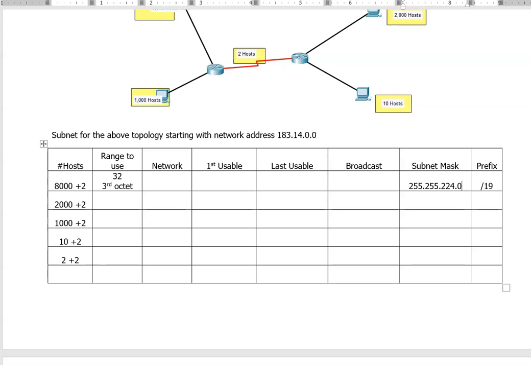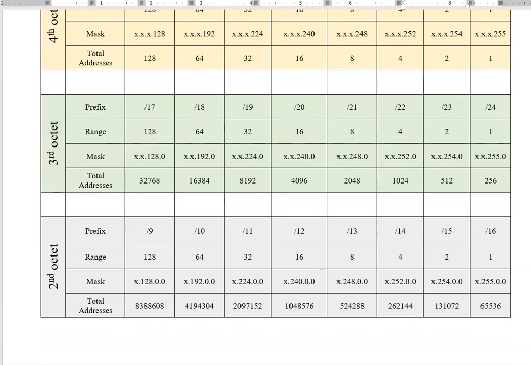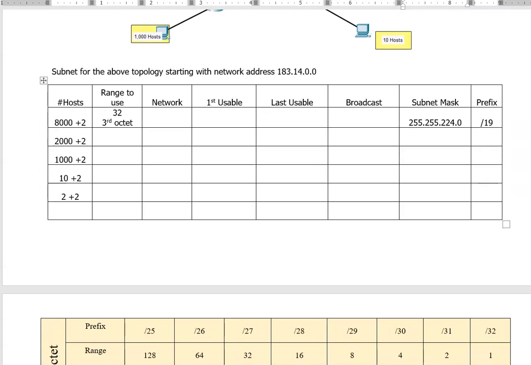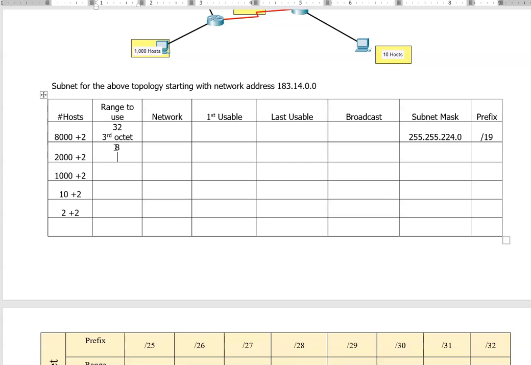Let's finish the left 2 columns. For 2,000 hosts, add 2. See that the range of 8 in the third octet would fit the bill. That's borrowing 5 bits from the third octet and gives us a prefix of 21. And a subnet mask of 255.255.248.0.